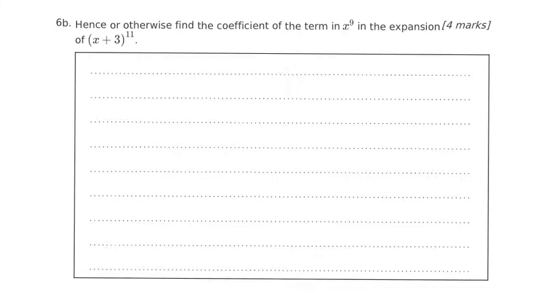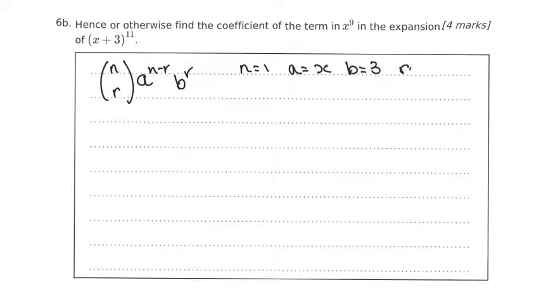In any binomial expansion, each term can be written as n choose r, a to the n minus r, b to the r. In our case, n is equal to 11, a is equal to x, b is equal to 3, and r is unknown.